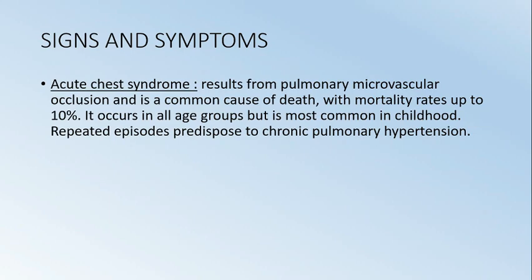It is characterized by chest pain, tachypnea, fever, cough, and arterial oxygen desaturation. This can even mimic pneumonia, pulmonary emboli, bone marrow embolism, myocardial ischemia, and sometimes lung infection or in situ lung infarction.